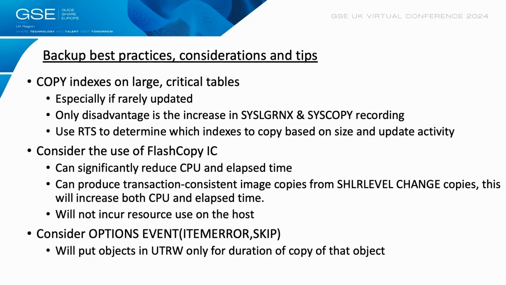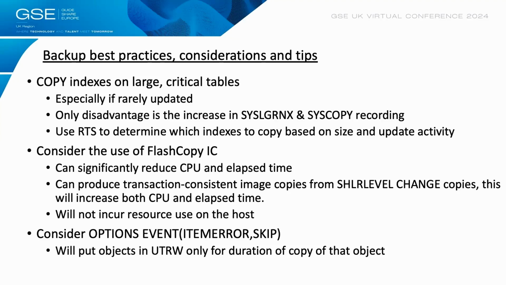Right, OPTIONS EVENT. I'm trying very hard to remember why we wrote this. The last thing: the OPTIONS EVENT(ITEMERROR) parameter of COPY puts the object into UTRW only for the duration of the copy of just that object. So the object being done will be put into UTRW just for that object, not for the whole list.